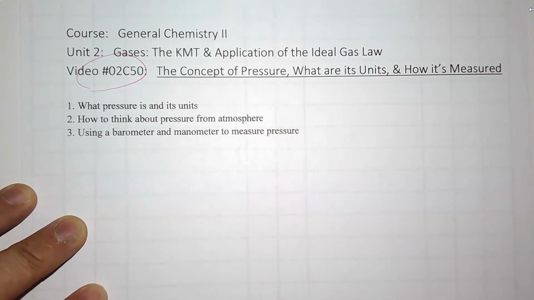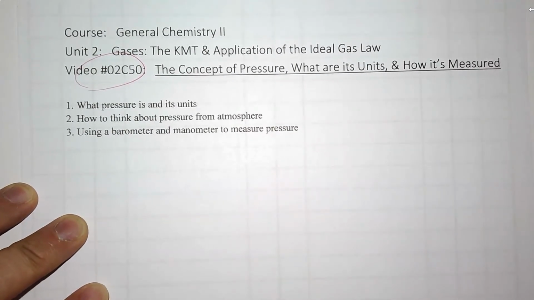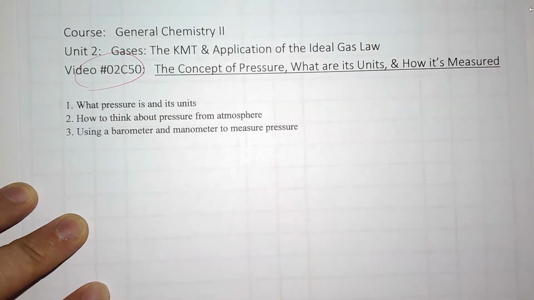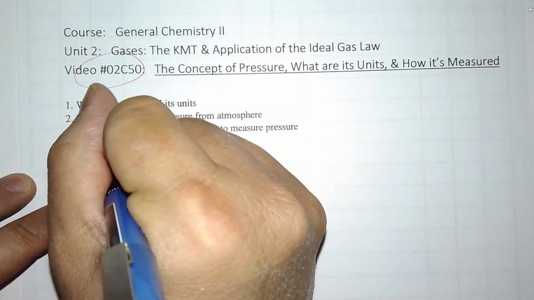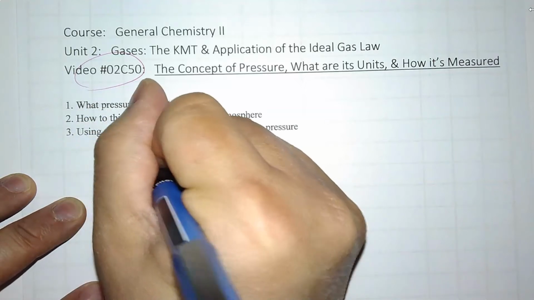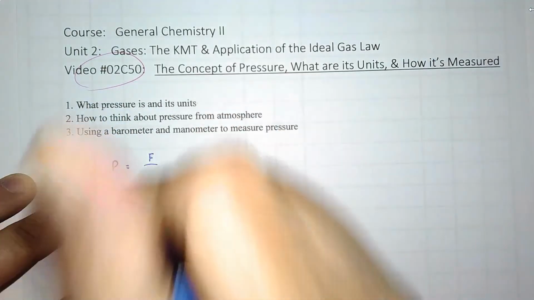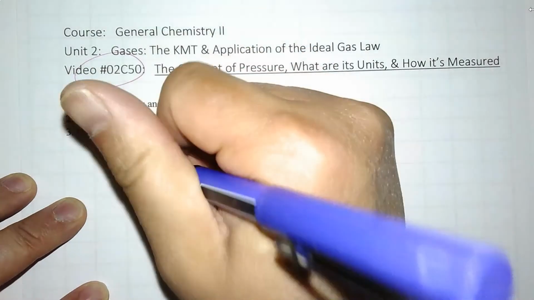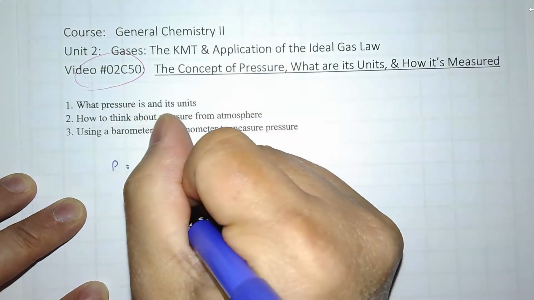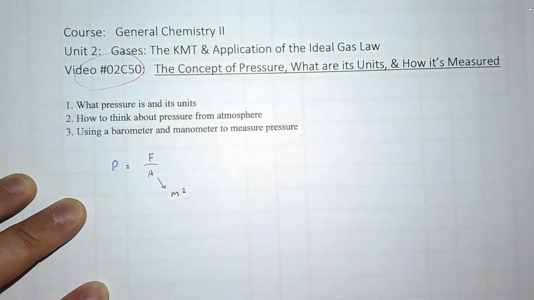So pressure is force divided by area, or force per area. P equals force, and then capital A for area. And with that area, it will most likely be meters squared. What about this force?